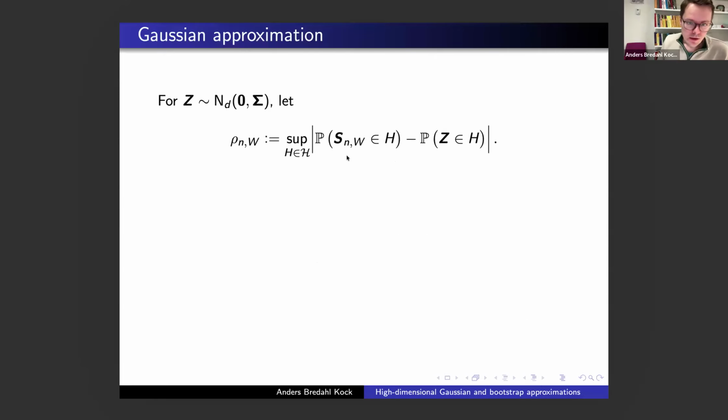Okay, I now define the following Gaussian approximation error here. Take a look at the probability of my Winsorized mean vector falling within a given hyperrectangle, and I compare that to a normal distribution with a mean of 0 and a variance-covariance matrix being that of my uncontaminated data, x1, and take the supremum over all hyperrectangles. Now the goal is to show that this either provides an upper bound for any fixed n, so a finite sample upper bound, or alternatively that it tends to 0 asymptotically.